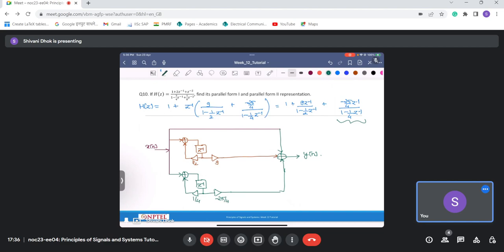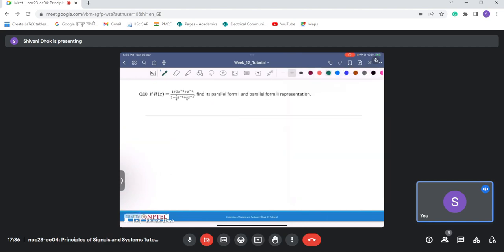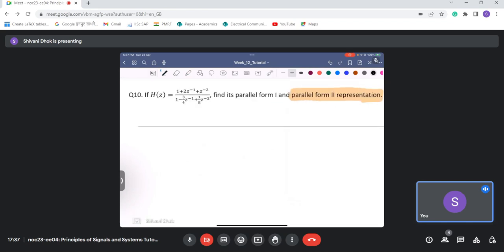Then if this is okay, we'll go for the parallel form 2 representation. For that, we need to get this H(z) in terms of z and not in terms of z^-1.